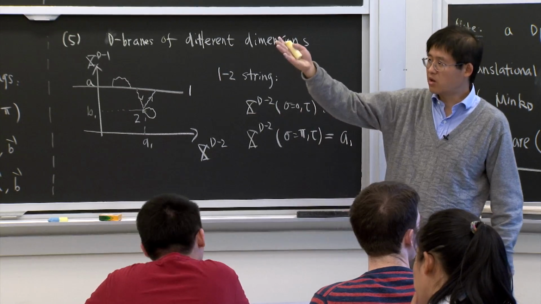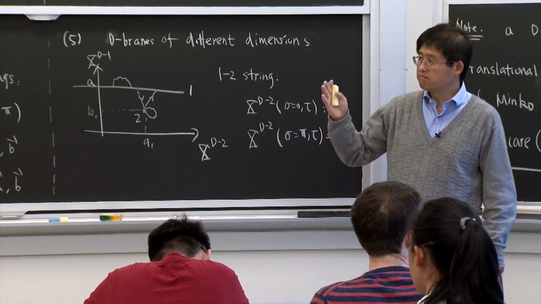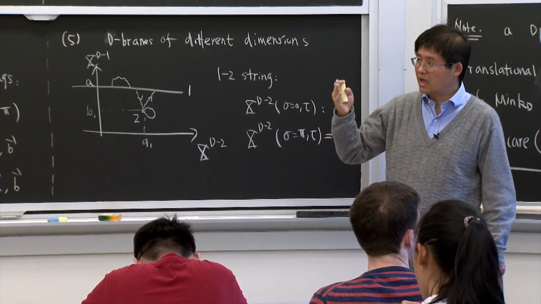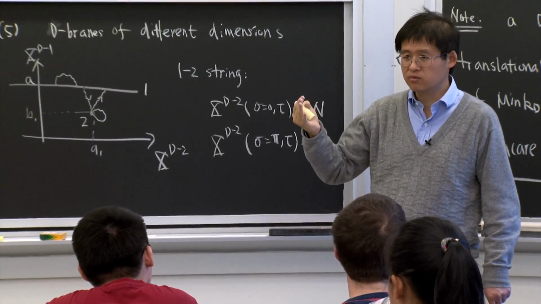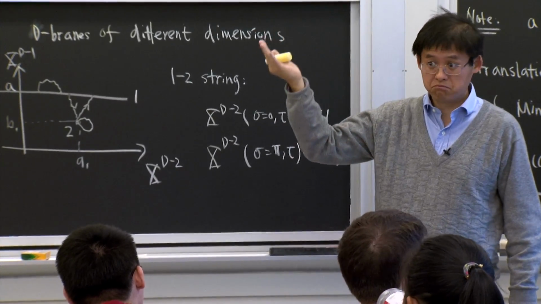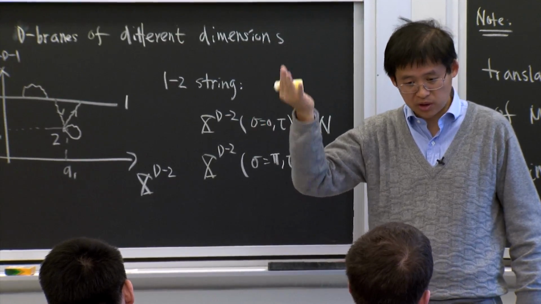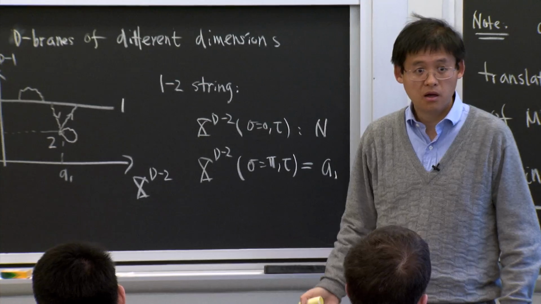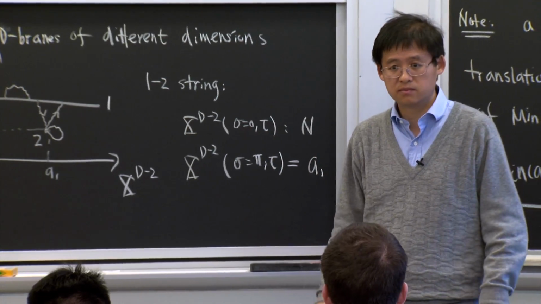Just for flat Minkowski space, these are the only boundary conditions you can have. We will not be able to do it in this course, but in an open string you can have an electromagnetic field, a photon, so you can in principle turn on an electromagnetic field, and that will modify the boundary condition. Then you can actually have mixed boundary conditions.